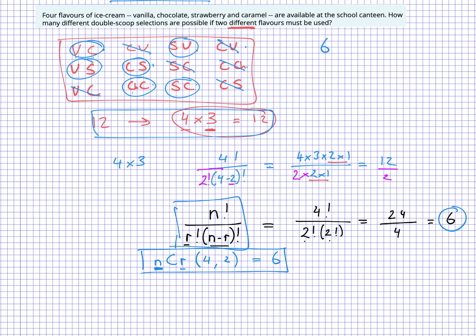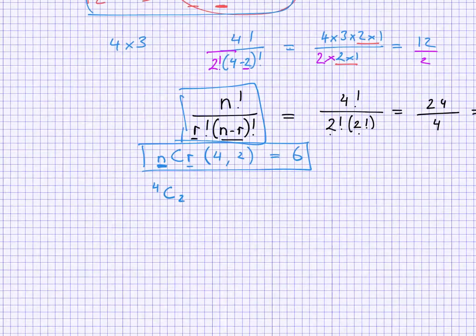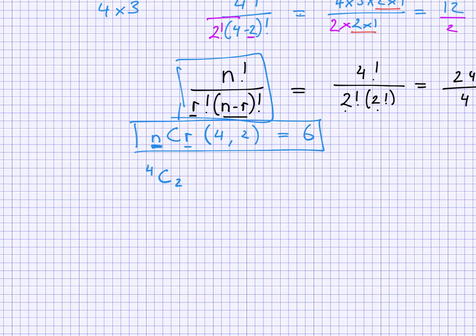Now, the way we write it in our books is we would go 4 choose 2, and luckily C also stands for choose because we are choosing a number of selections. So 4C2 we can write as 6. And the calculations we would show would look like this: 4 factorial over 2 factorial, 2 factorial equals 6.